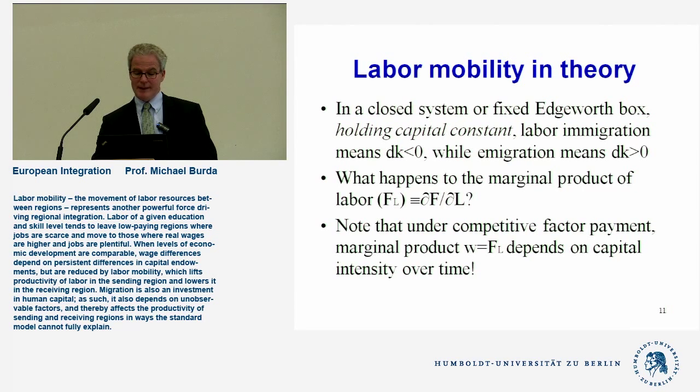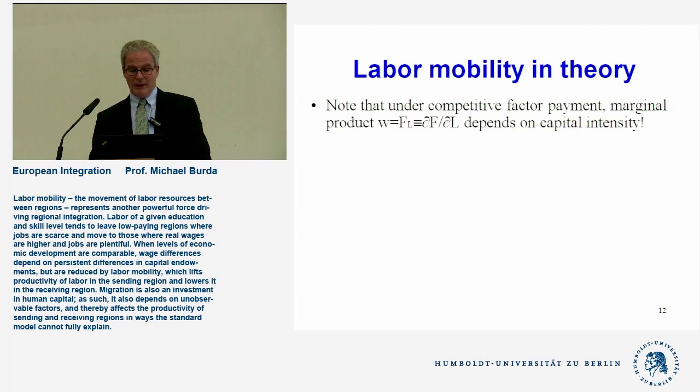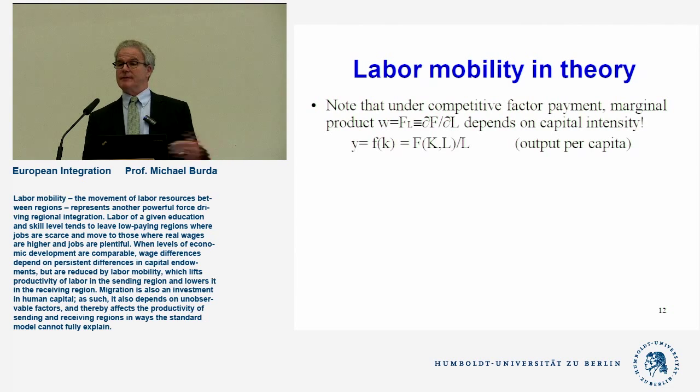So F sub L is sufficiently described by the capital-labor ratio. We can see that formally by just taking the derivative of this intensive form production function. Remember, the intensive form production function from the Solow model was equal to F of K and L divided by L. L is employment.